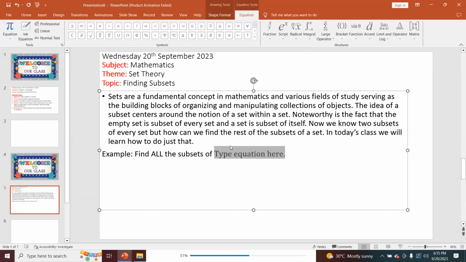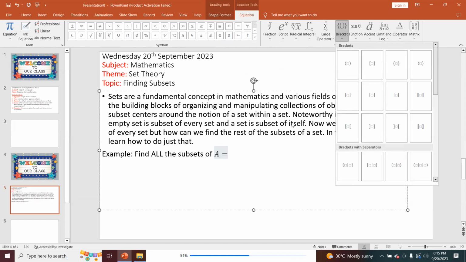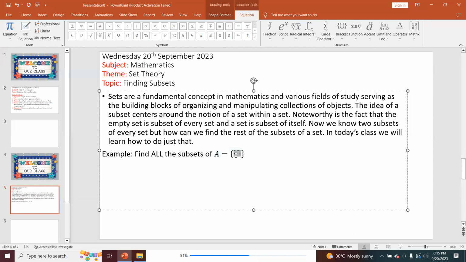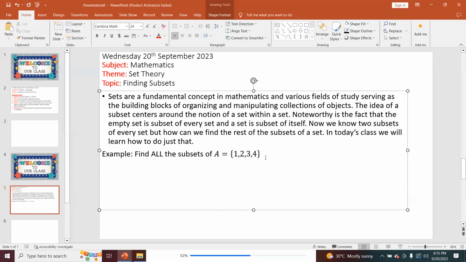Find all the subsets of A, where A is equal to the set of 1, 2, 3, and 4. Now, a question: how many subsets do you think this set has? We haven't figured out all of them, but if you were to guess, how many subsets do you think set A has? It contains 4 numbers.